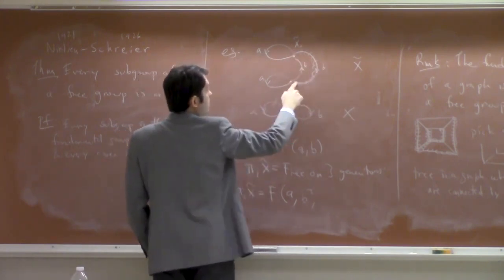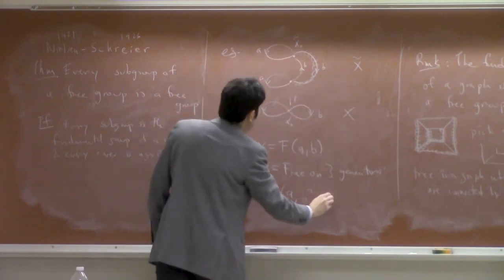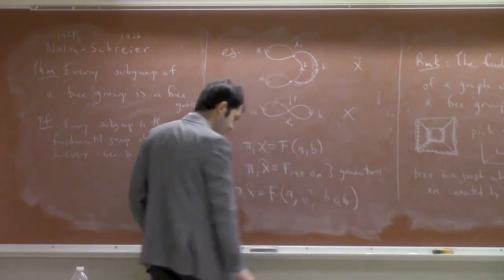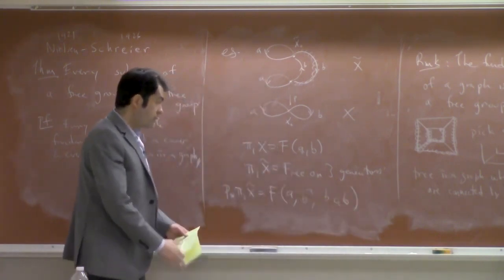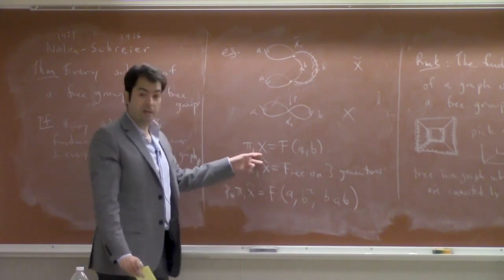Or I could go down along B, then do A, and then go up along B. So I have B A B inverse. So those are what the generators map to in pi1 of X.